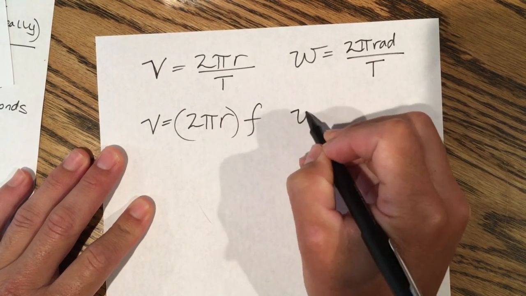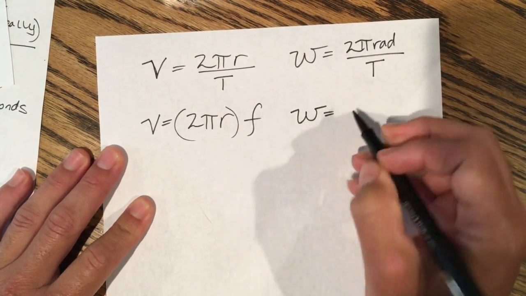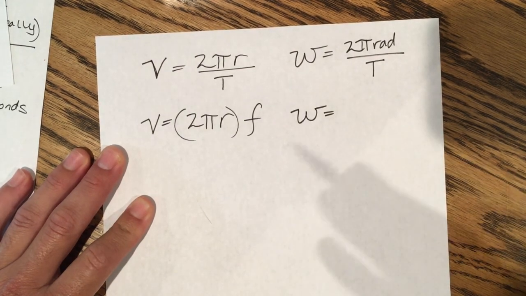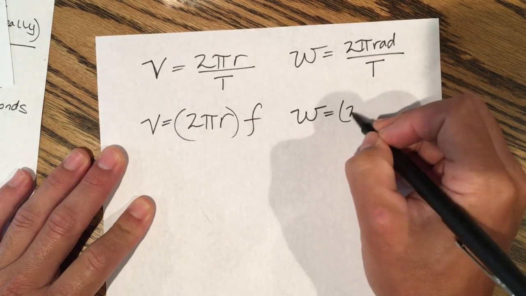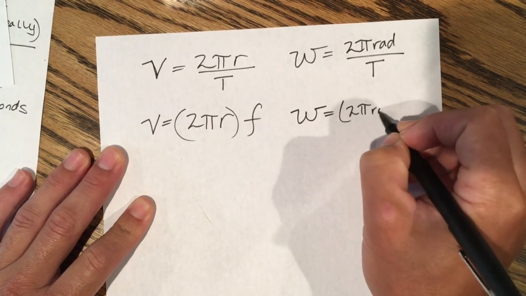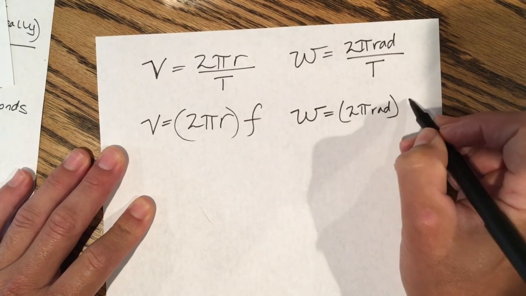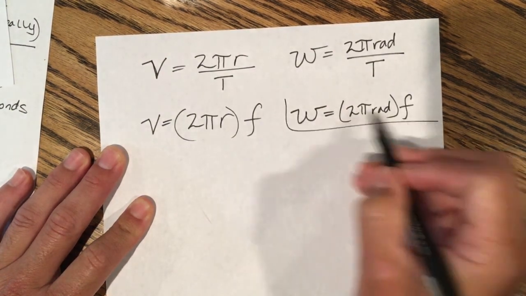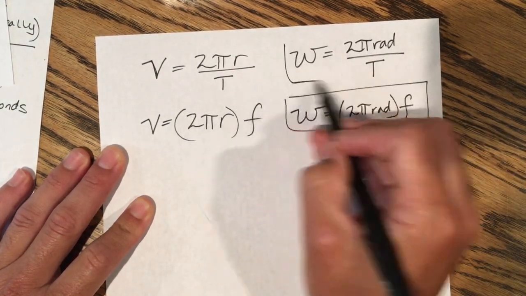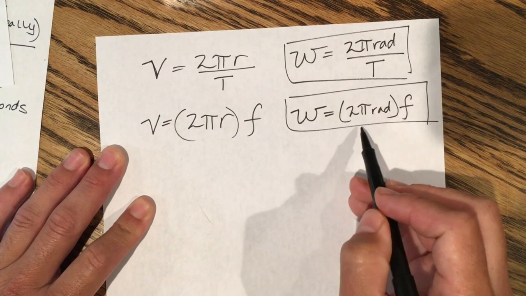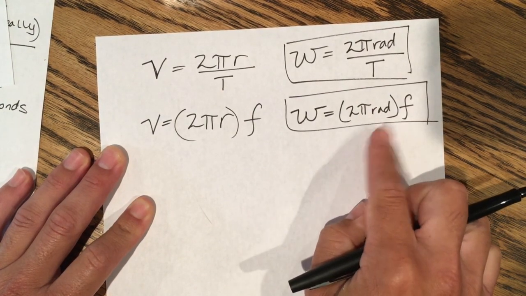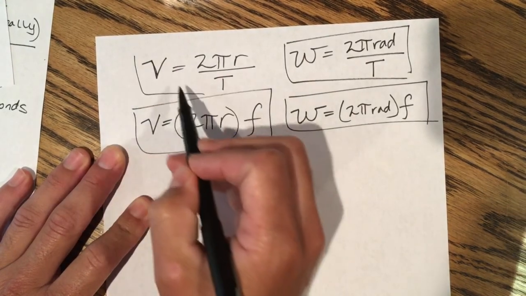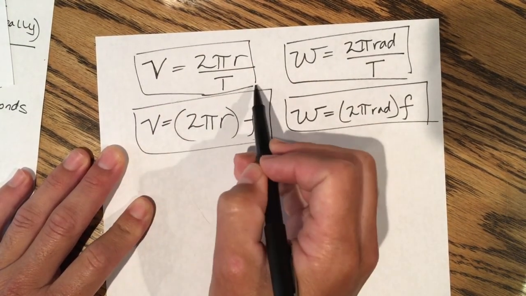Or angular velocity is equal to 2 pi radians times the frequency. So now we have a new formula for angular velocity, well, two of them really. This one is probably the one we'll use more. And two new formulas for regular velocity.